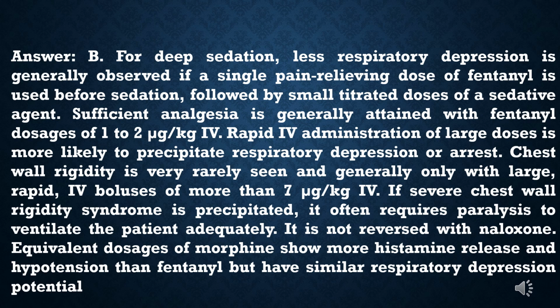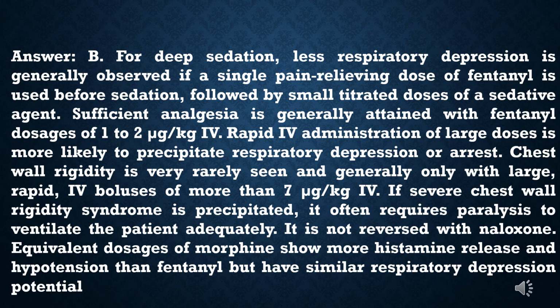For deep sedation, less respiratory depression is generally observed if a single pain-relieving dose of fentanyl is used before sedation, followed by small titrated doses of a sedative agent. Sufficient analgesia is generally attained with fentanyl dosages of 1 to 2 microgram per kg intravenous. Rapid intravenous administration of large doses is more likely to precipitate respiratory depression or arrest.